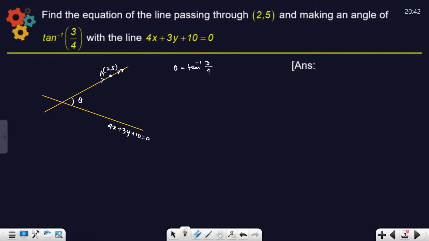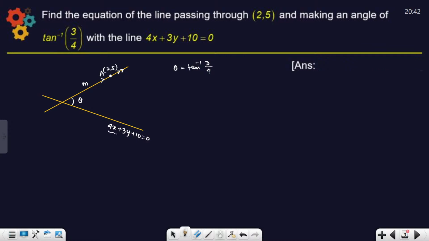Now, we all know that we need two things to find the equation of any line. One is the point through which it is passing, and number two, its slope. For the required line, I know the point through which it is passing, so I need its slope. For that, let the slope of this line be m.